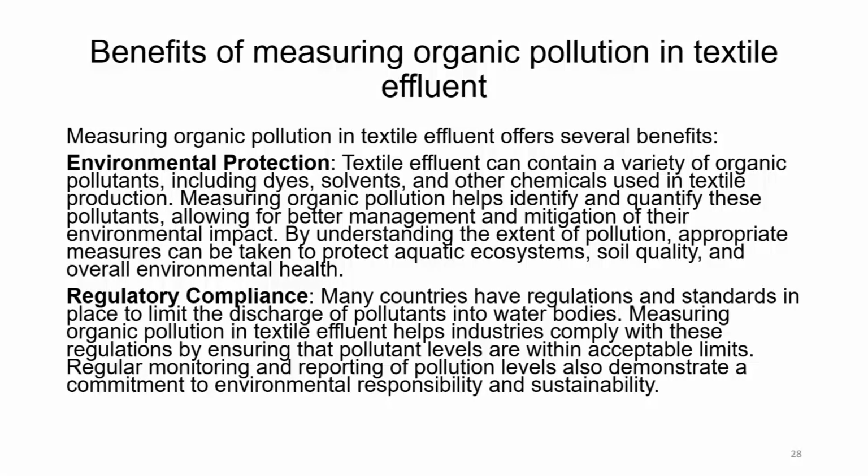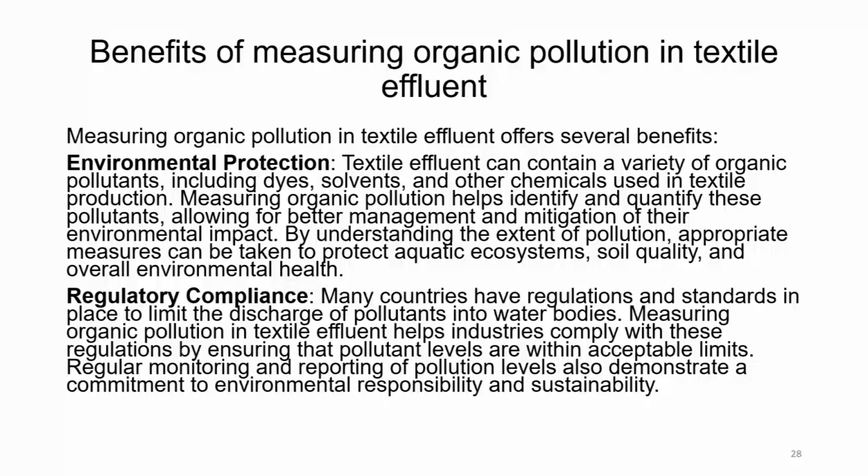There are many benefits associated with measuring the pollutants in the textile effluent, because only then can we strategize the technology that would be required for the remediation. Measuring organic pollution in the textile effluent offers several benefits. Environmental protection, the first and the foremost.